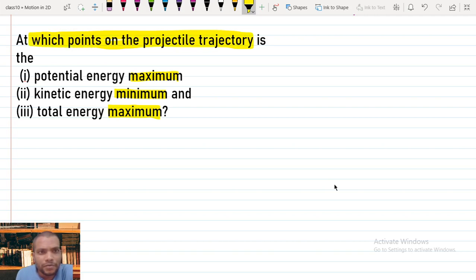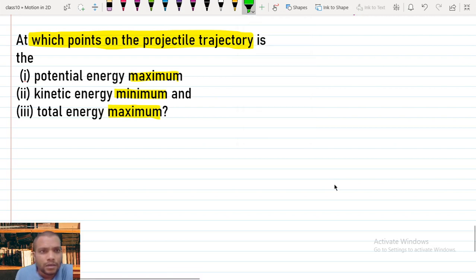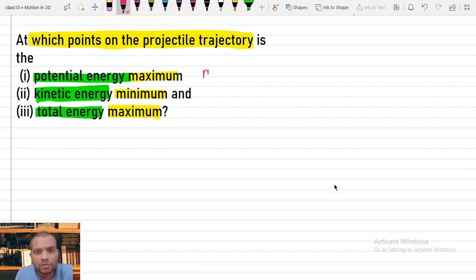So we need to specify at which points. What happens to total energy? I hope you know the potential energy formula. It is mgh, and kinetic energy equals half mv square, and total energy equals the sum of kinetic energy plus potential energy.